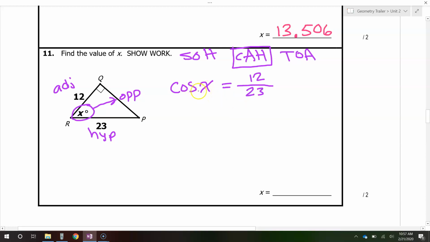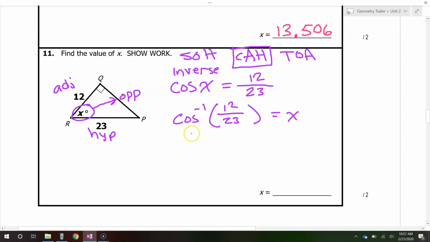When the variable is inside the trig function, this is when you inverse. So that's why we will go inverse cosine of 12 over 23, and that will equal x.